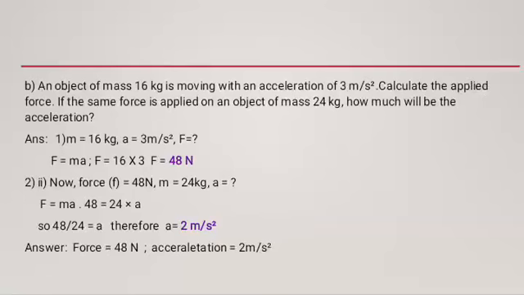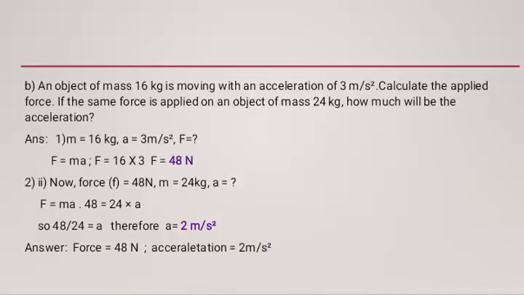Now see the second sum. The question is, an object of mass 16 kg is moving with an acceleration of 3 meter per second square. Calculate the applied force. If the same force is applied on an object of mass 24 kg, how much will be the acceleration? In the first one we have to calculate the force.